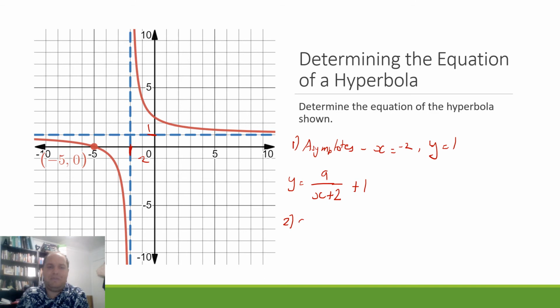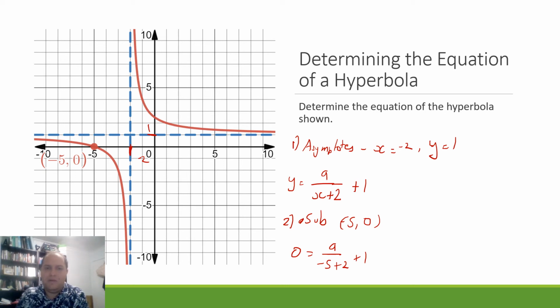Now our second step is to substitute in our point. So we've got a point on our curve here, we've got our x-intercept, (-5, 0). And then we can rearrange for a. So we've got 0 equals a over -5 plus 2, plus 1.